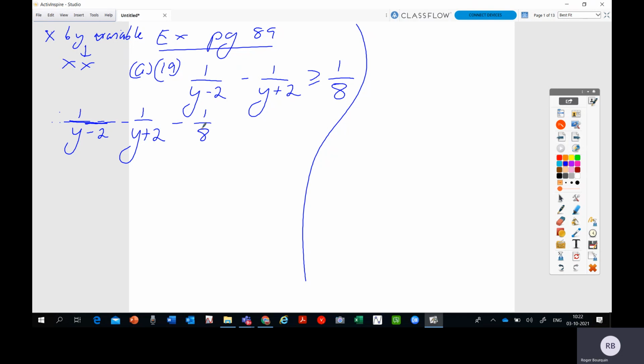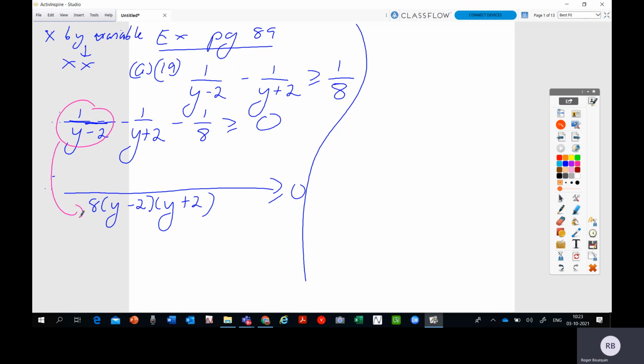So 1 over y minus 2, minus 1 over y plus 2, minus 1 over 8 is greater than or equal to 0. My common denominator is 8(y minus 2)(y plus 2). Then you ask yourself, what am I timesing by? To get from here to here, you're timesing by 8 and y plus 2, so you get 8 times y plus 2.